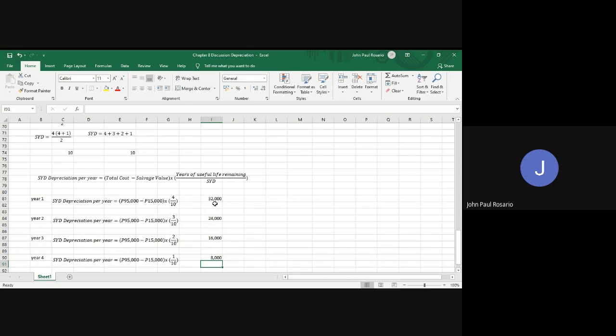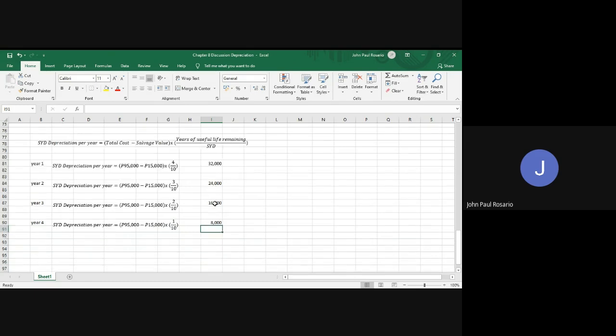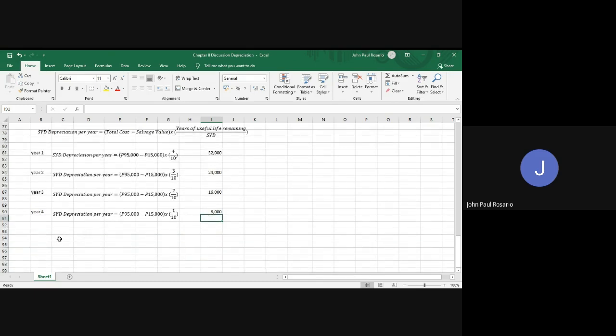Okay, so for our schedule, we have these columns: end of year. How many columns do I have? 1, 2, 3, 4, 5, 6. That's six.